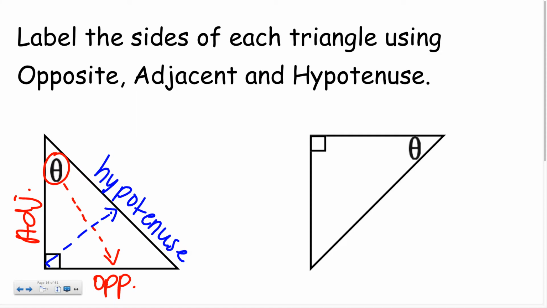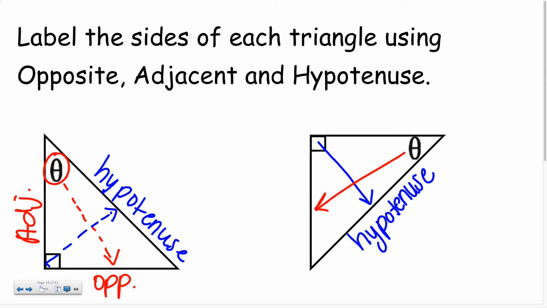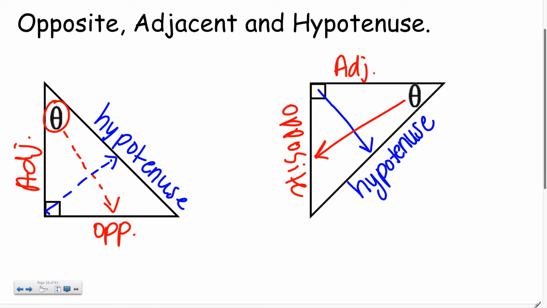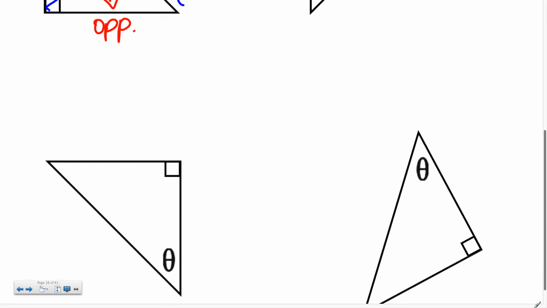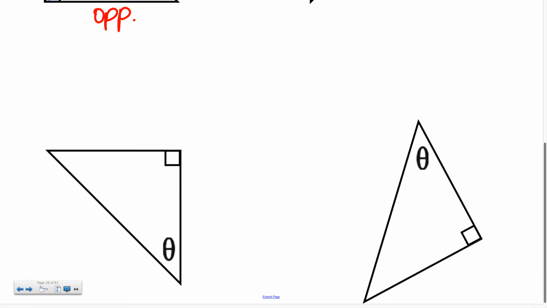So the second one, here's my hypotenuse because it's right across from the right angle. Alright, so here's theta. Its opposite is here. So that means adjacent has to be here. Alright. Last two. Here's my hypotenuse.